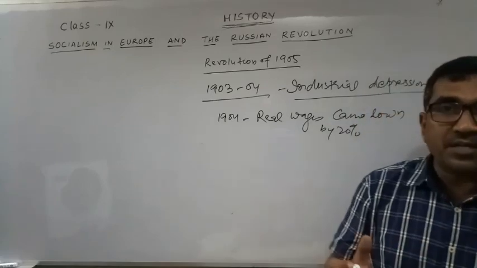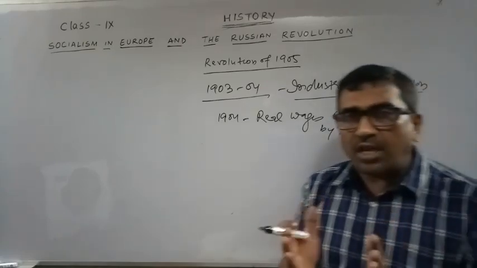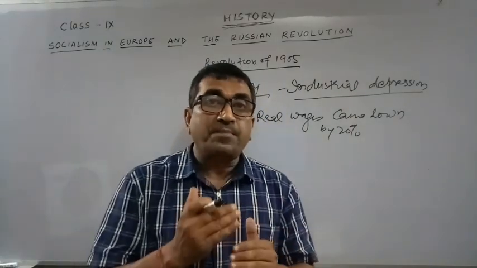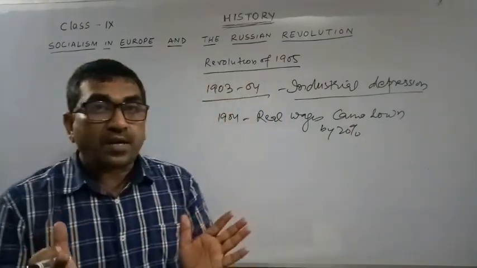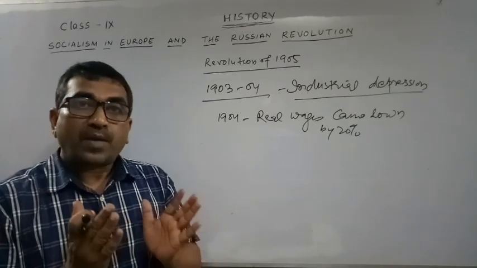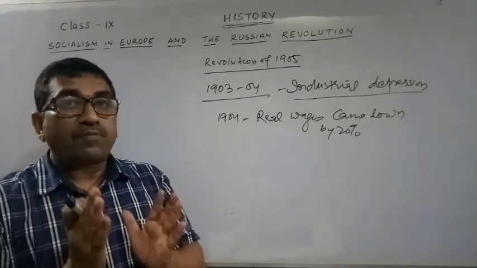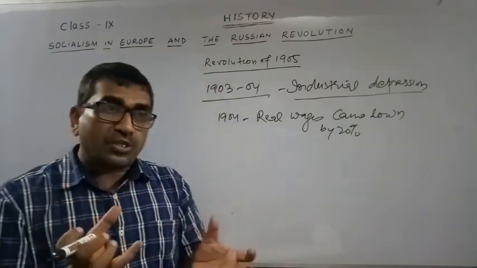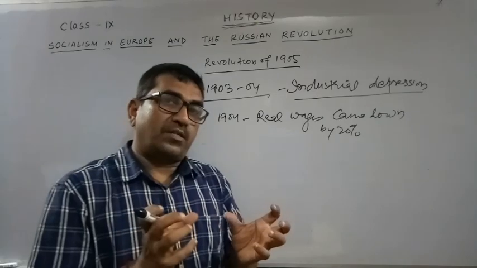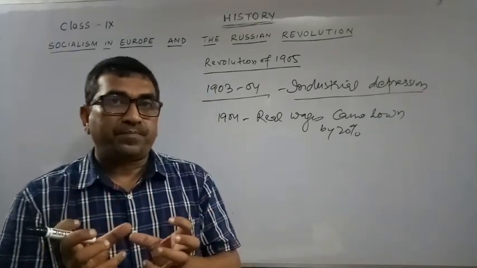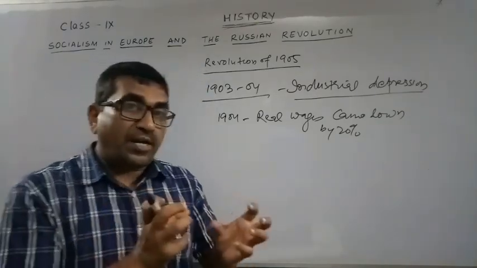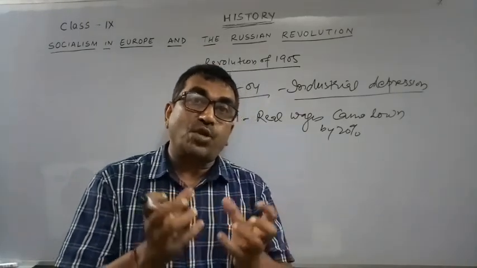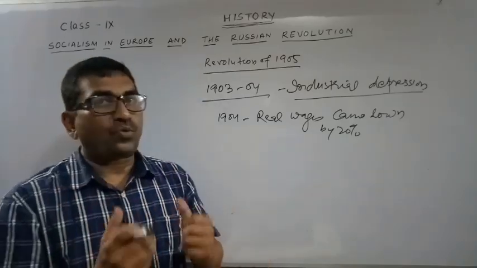So they demanded that their wages should be increased, working hours should be reduced, and better conditions should be given. This situation shows that industrial workers were not happy with the Tsarist government, and they would be ready to revolt against the Tsarist rule.